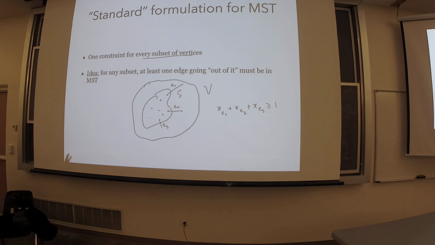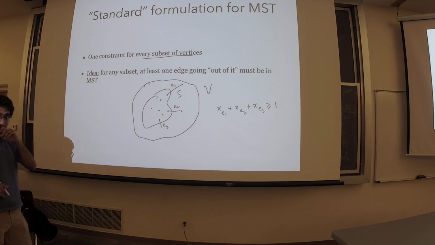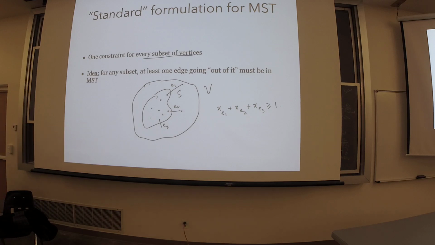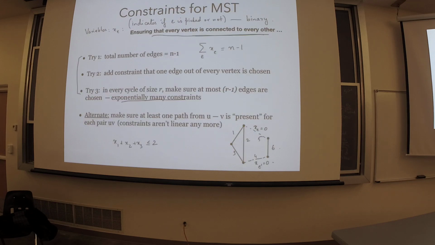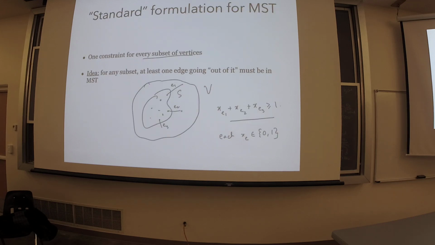It's a bit contentious if these are in any sense better than the cycle constraints, but in some sense, at least they are different. And it turns out that having a constraint like this, with each xe belonging to {0, 1}, and just trying to minimize the sum of we xe.